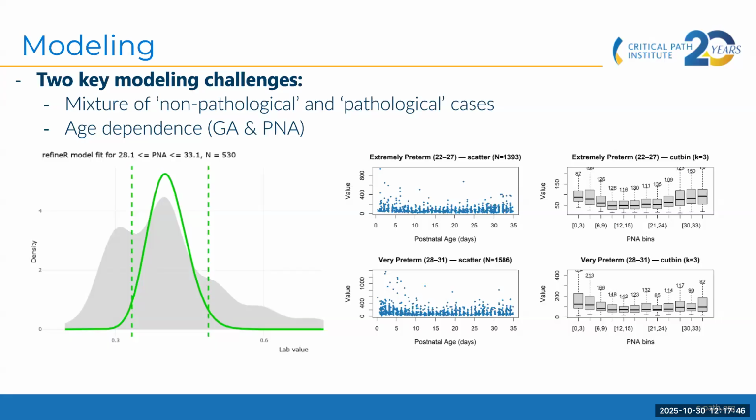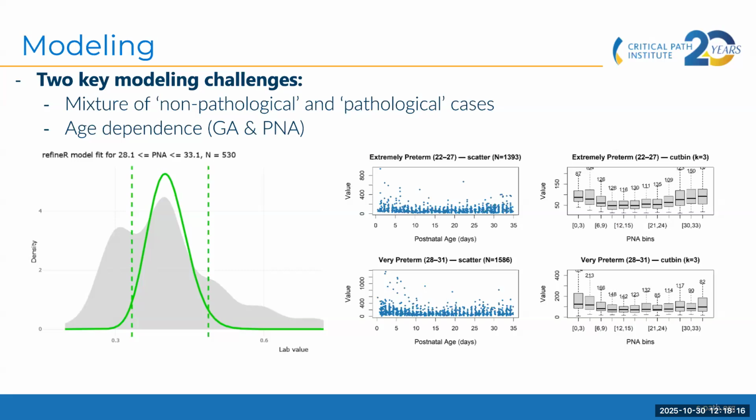The other challenge that we ran into, and this should be well understood in the pediatrics world, is that in adult populations you don't normally have age dependence, but obviously in this population you have age dependence, both gestational and postnatal age. And so that's another thing that we had to account for: there's variability across time and across gestational age. So again, we treated gestational age as a bin variable.